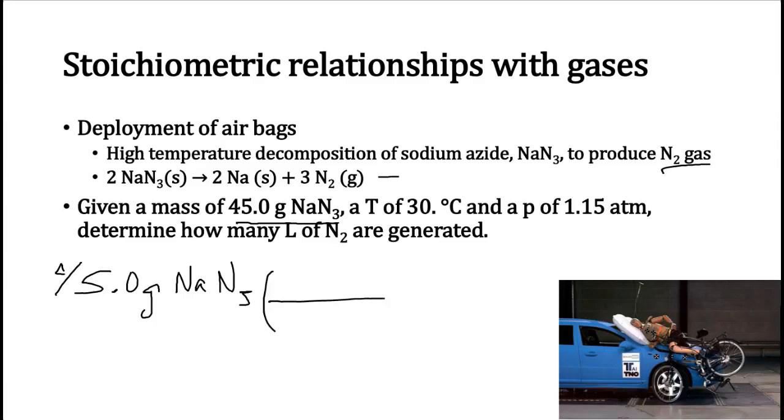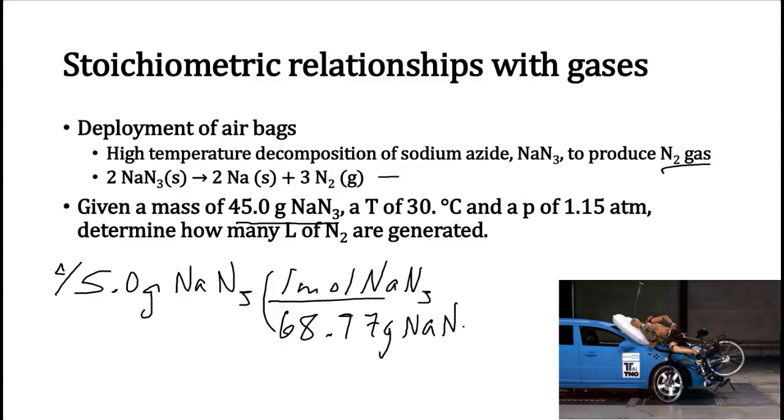The way we do that is we're going to divide by the molecular weight of sodium azide, which I believe is somewhere around 68.97 grams per mole. Alright, so we're able to convert from grams of sodium azide to moles of sodium azide.